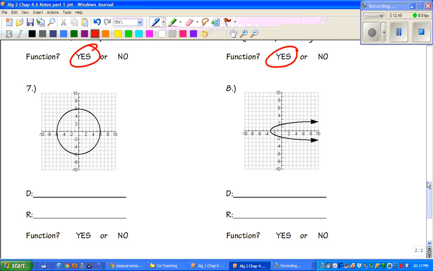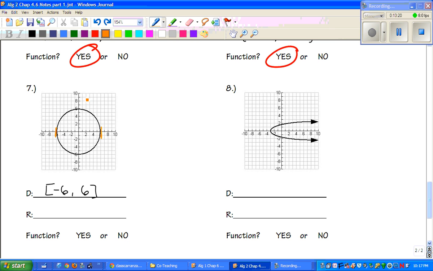Now here's ones where we have to be careful. Okay. Looking at our domain, our x's, it has a definite beginning and a definite end. Okay. So it's going to be closed, and it goes from -6 to +6, because these are all the values that it can be within that range. Okay. All right.